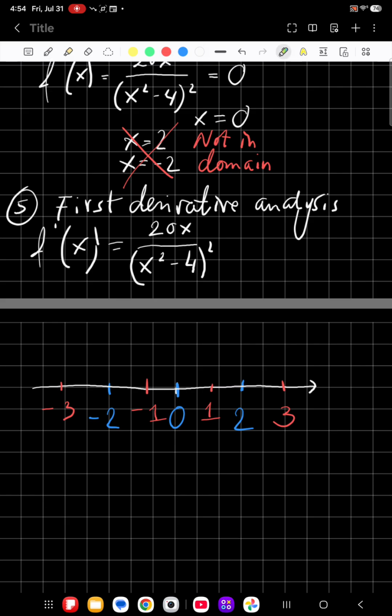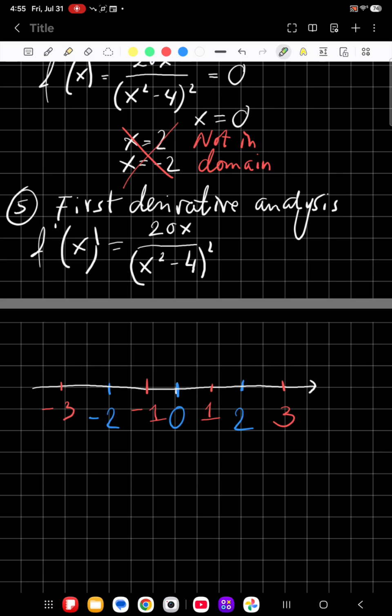I'm looking at the sign of that first derivative for those 4 testing numbers, right? So I'm trying to figure out what the sign of that first derivative is in those 4 different intervals.